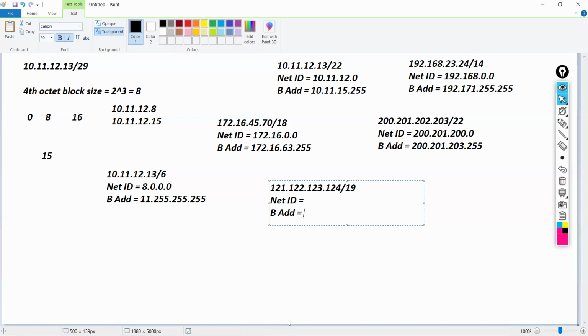Where are you going for the network ID? 121? 123? If you start at 64, 64 plus 32 is 96 only. Still it is 123.